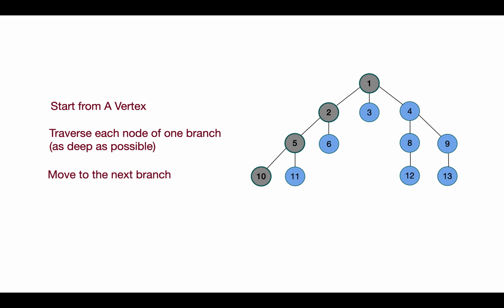So in this manner we complete one branch, and after completing the branch there is no further recursion. We go back to the previous call and we see if there are more branches. If there is any, we pick that and we try to complete that. So this goes on until all the vertices are covered.